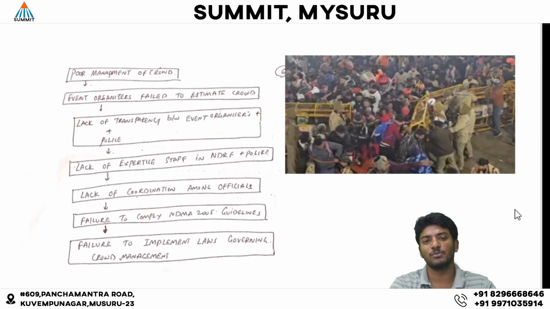And the two recent examples: the Jagannath Rath Yatra, where the stampede took place, and in Haryana, the Mansa Devi temple incident, where the stampede took place. Stampedes are recurrent incidents, but the officials fail to learn lessons from them and to prevent this disaster. These are some of the governance issues responsible for the stampede.